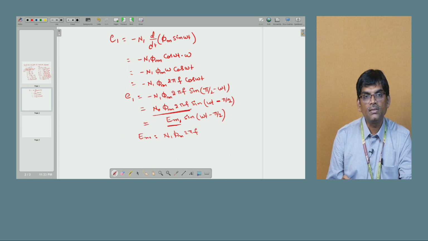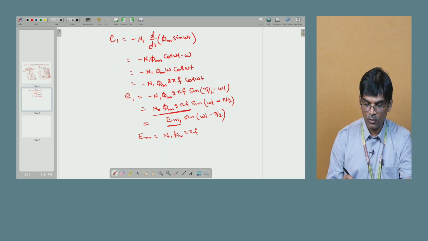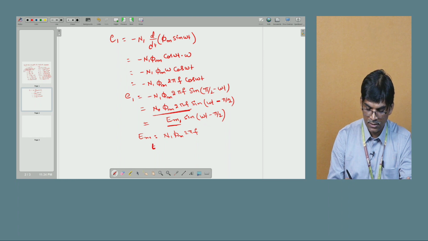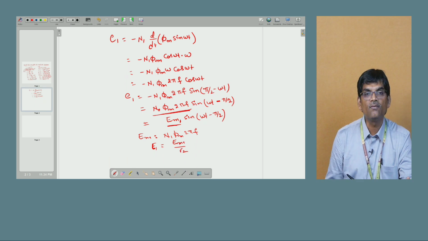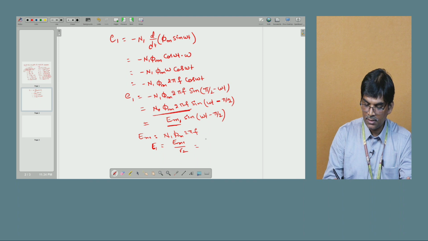Any AC quantities in the nameplate details are generally given, or otherwise measured, in RMS values, which are called effective values. That's why we calculate the effective voltage. The effective voltage induced on the primary side is E1 equal to Em1 by root 2. Simplifying, N1 φm 2πf by root 2 gives root 2 π f φm N1.